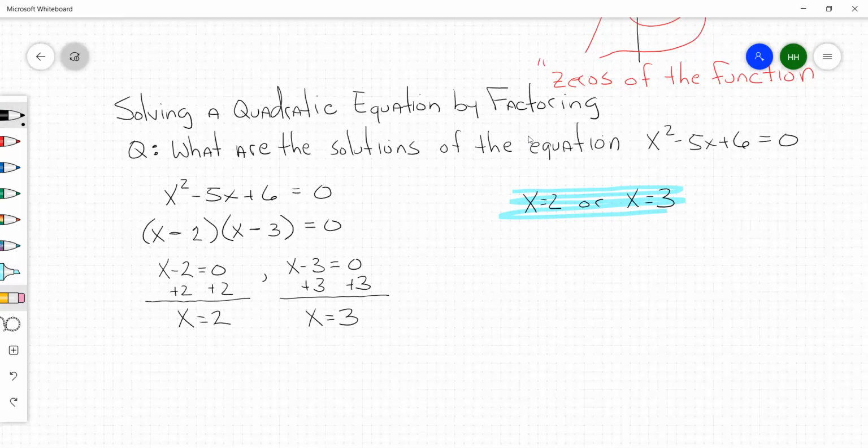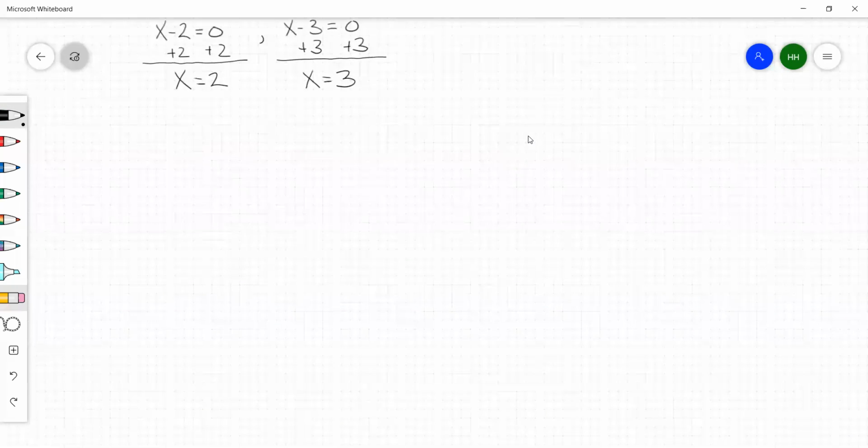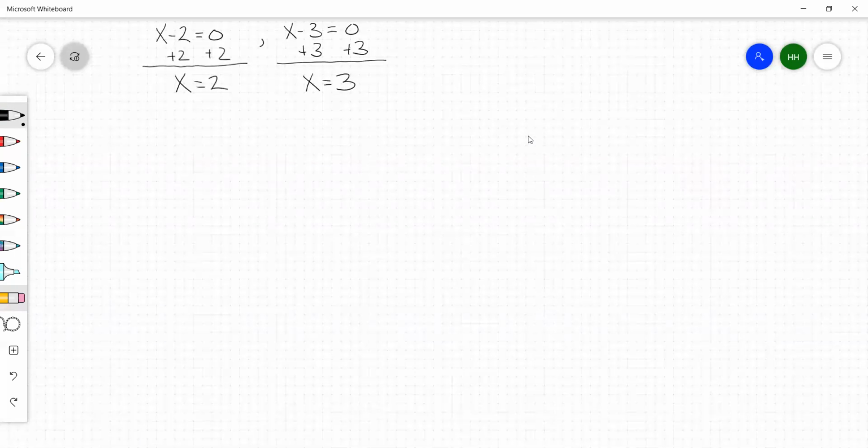Now what you will see is the same type of question, but your equation in this form: x squared minus 7x equal to negative 12. Now this quadratic isn't set equal to 0. So what we have to do is manipulate it until it is equal to 0.